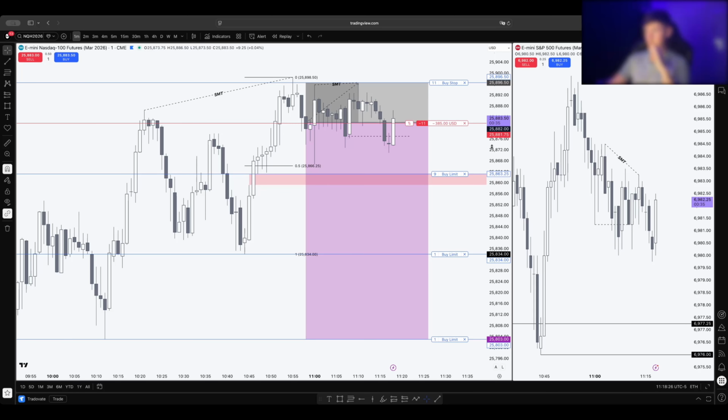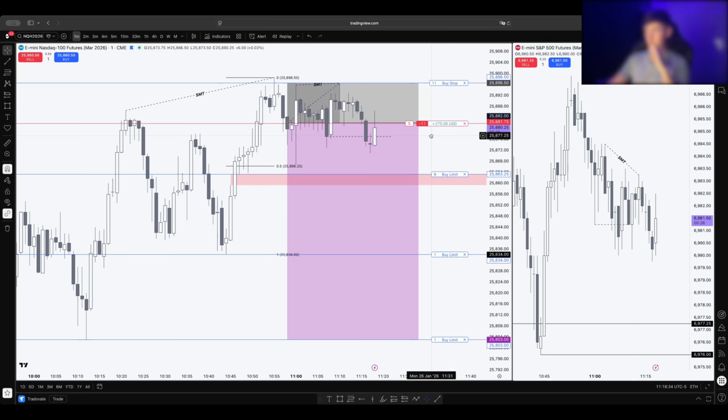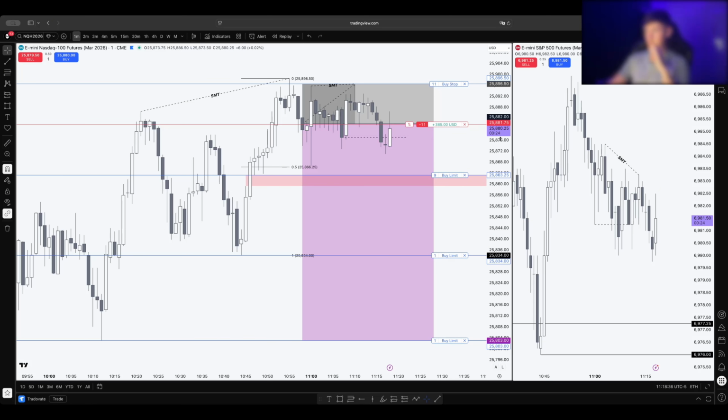Come on, NQ, don't get sloppy now. Okay, so far looks like a healthy retrace, rebalancing the imbalances. Very nice wick. That's actually perfect. Wow, that is perfect. Now let's see if we can hit TP1.